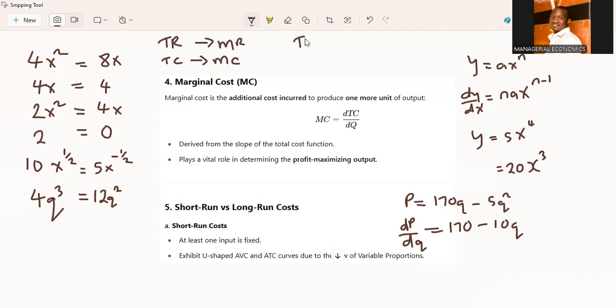Total product, the derivative becomes marginal product. Total profit, marginal profit. All right. So we're still under cost theory, and I need you to understand those key terms. Before we proceed, any questions?